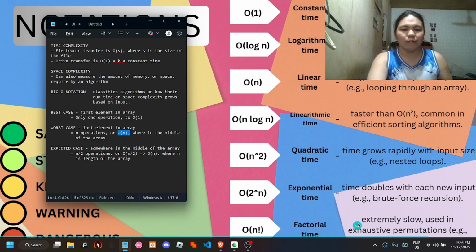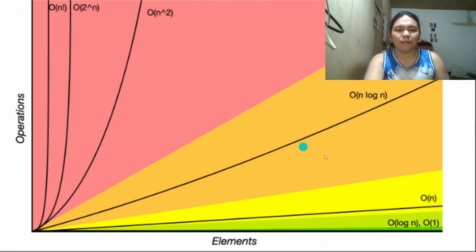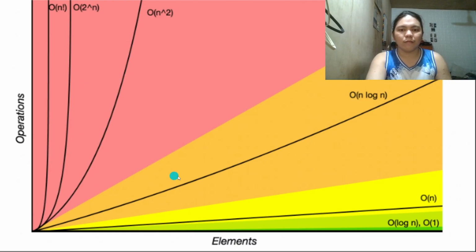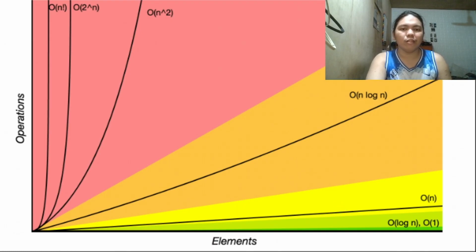Then lastly, factorial time, extremely slow, used in exhaustive permutation, which is not what we want and must be avoided. So again, as you can see, the more the operations, the slower the time. Okay, that's it for time and space complexity and big O notation. Thank you.